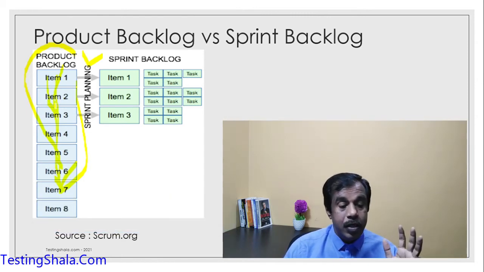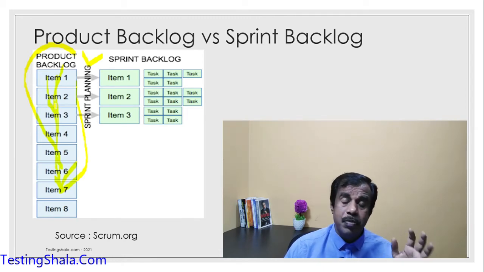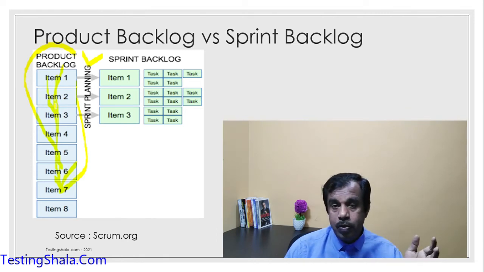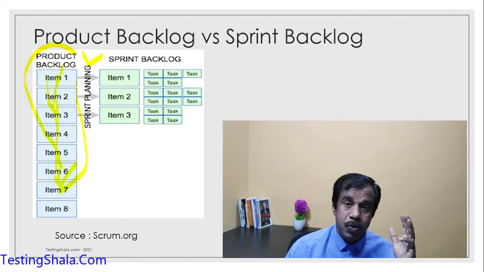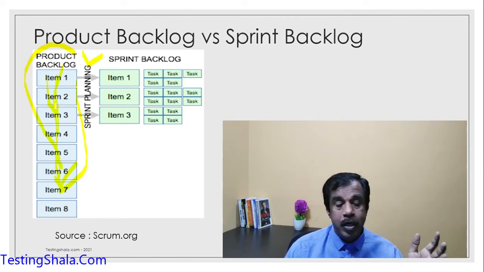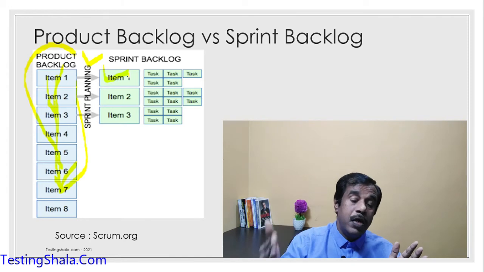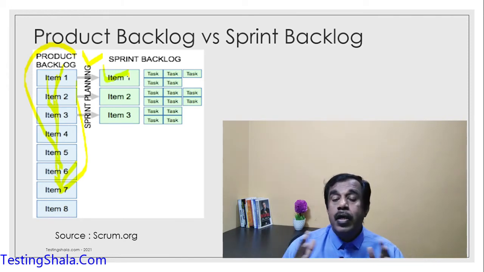Based on that, the team would do a detailed estimation using various methodologies, like planning poker, the Fibonacci series, or any other estimation techniques in agile. They break every item or user story down into smaller chunks of activities that can be easily achievable in a given sprint.